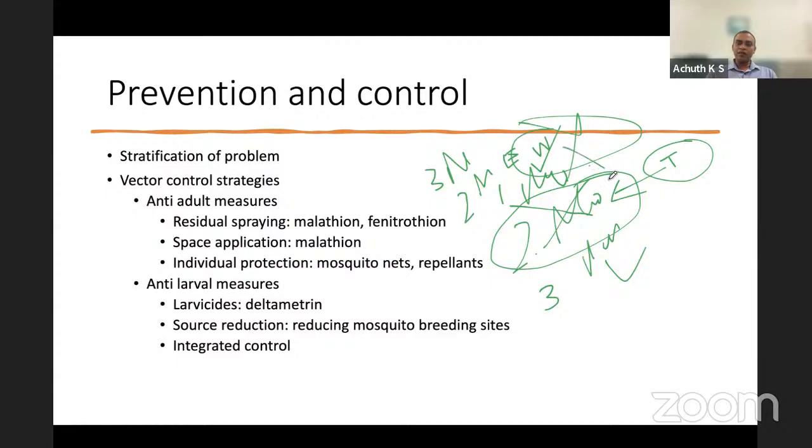Eggs are laid, kill that larva. How will you kill that larva? By using larvicides. Those are deltamethrin, and there's something called BTI also, Bacillus thuringiensis. When you use this, larvae are killed, so the adult mosquito does not form.